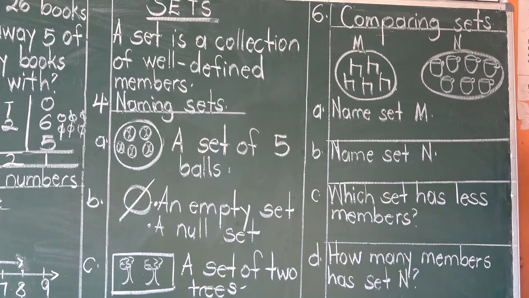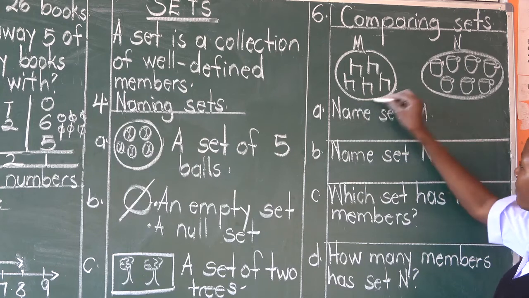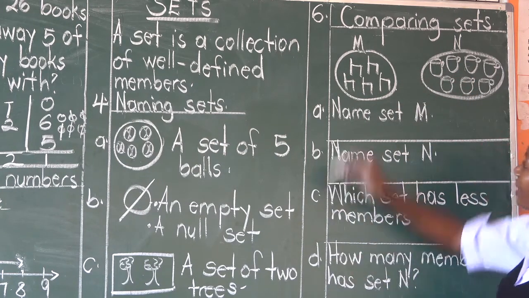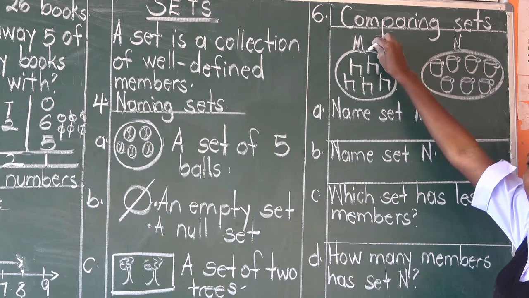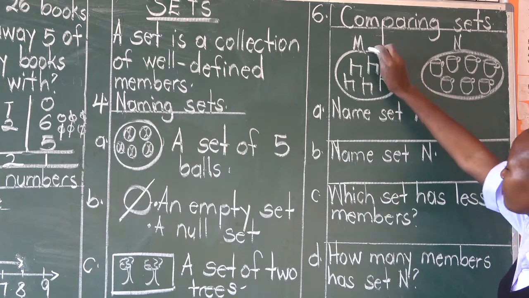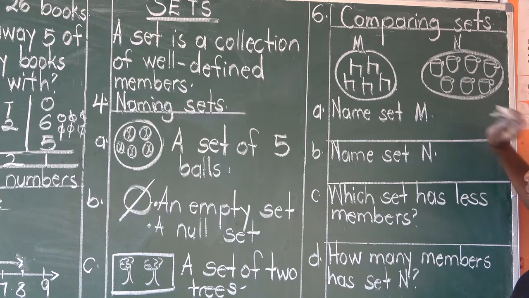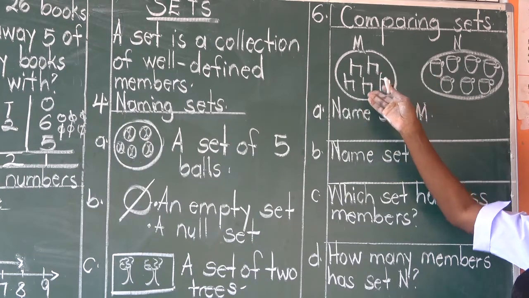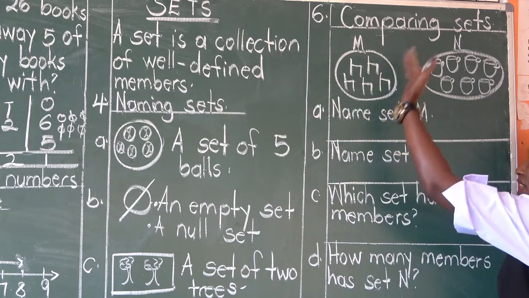Let's look at our first question. It is name set M. This is set M, and that is the set which you are going to name. Before you name this set M, you have to first know, what do they have? We can see chairs.